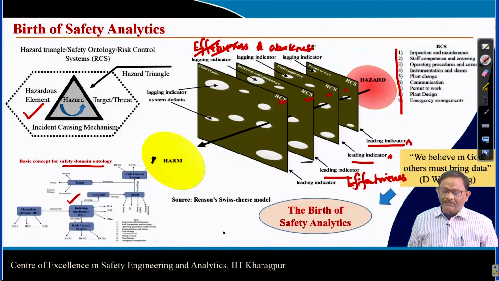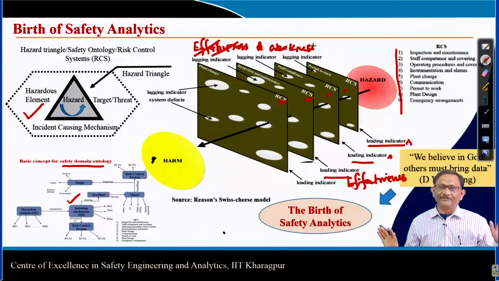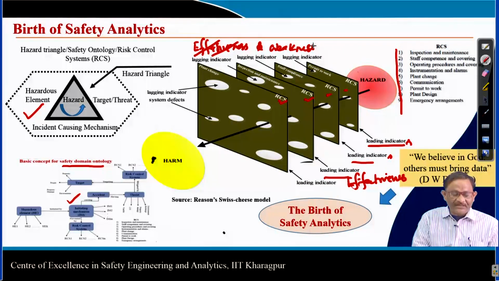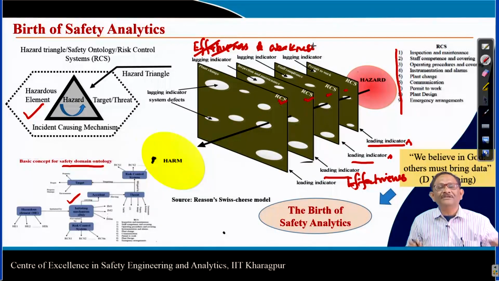So what are the different kinds of data you have? You have hazard data, incident or accident data, risk control related information, and leading and lagging indicators. At the same time, from the process or product life cycle point of view, from design to disposal, in the different phases you are generating data.